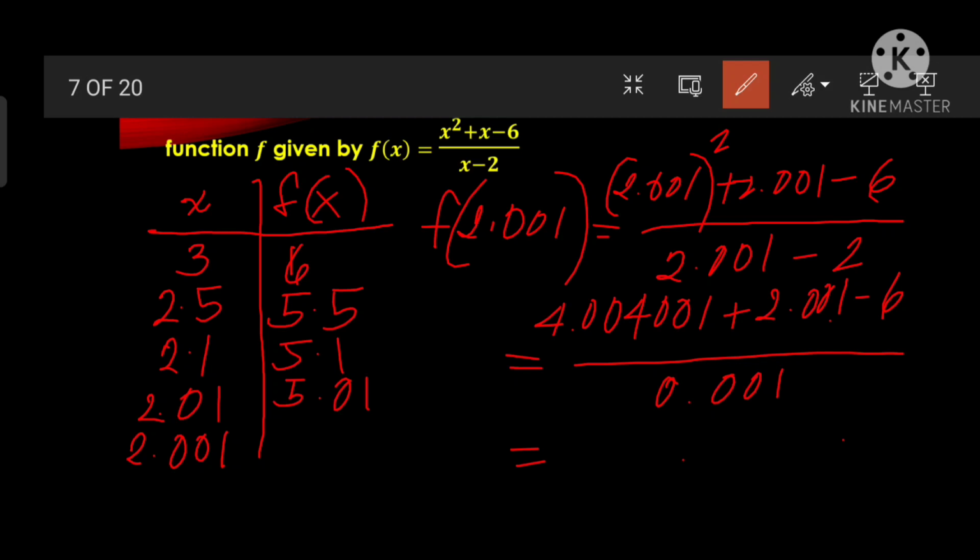So 2.001 minus 2 is 0.001. Then simplify the numerator. We have 4.004001 plus 2.001 minus 6.